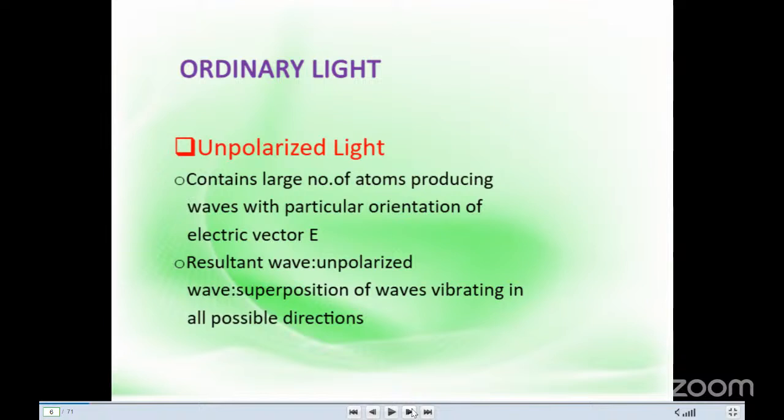Next, ordinary light. The unpolarized light contains a large number of atoms producing waves with particular orientations of the electric field vectors, and the resultant wave is an unpolarized wave, the superposition of waves vibrating in all possible directions.